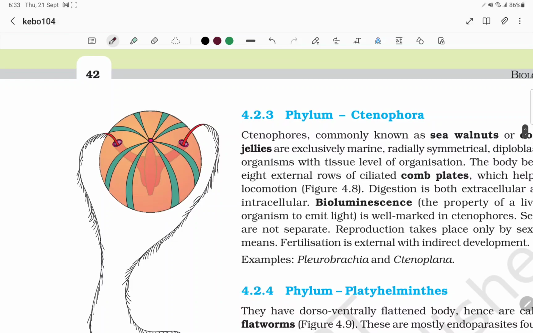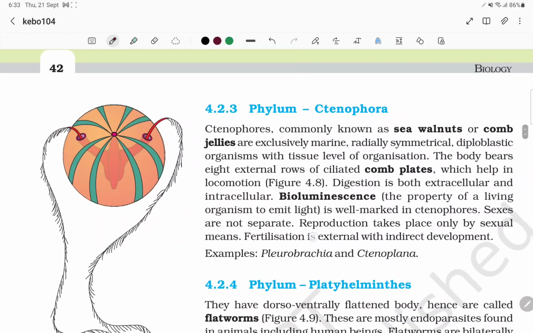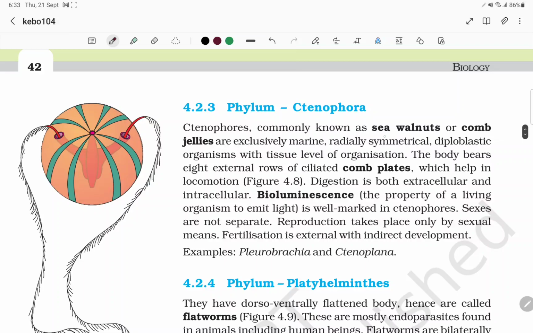Coming to the next one, Ctenophora. Previously, ctenophores were also included under Cnidaria, assuming they are also jellyfish. Ctenophora are commonly called sea walnuts and comb jellies because they look like that. They are exclusively marine. The cnidarians are not exclusively marine, only mostly marine, because Hydra is a freshwater species.